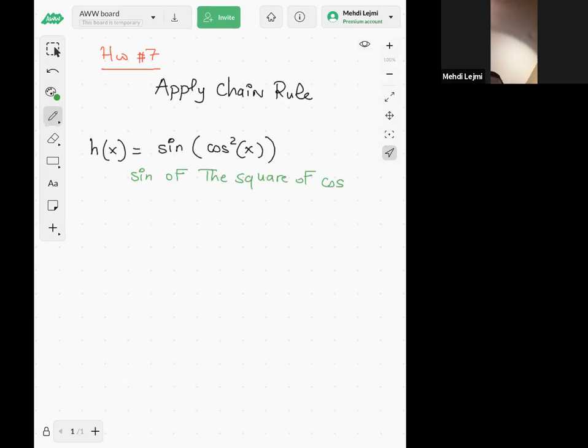We want to compute the derivative, so you have to ask yourself which rule you're going to apply.